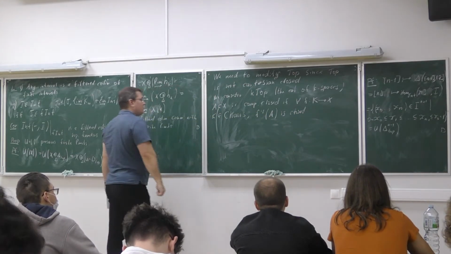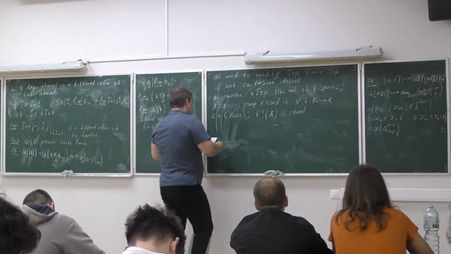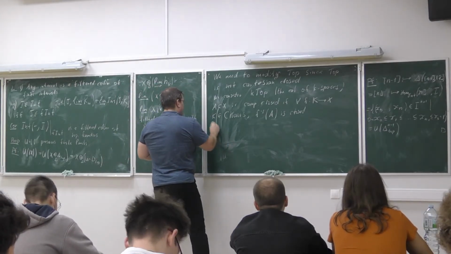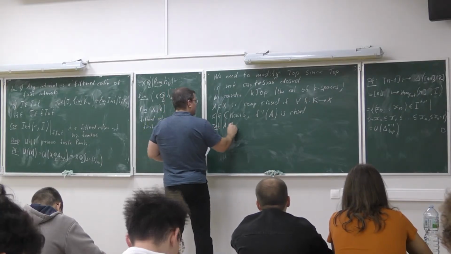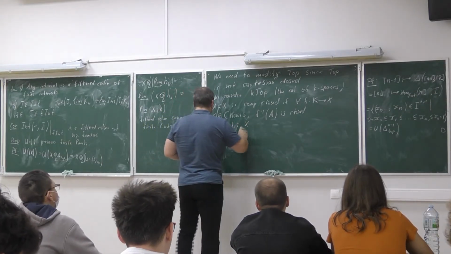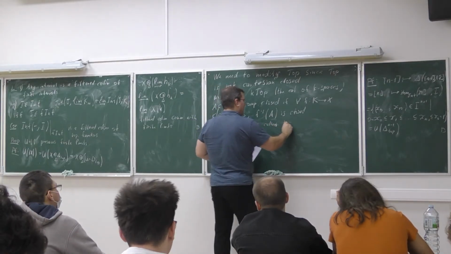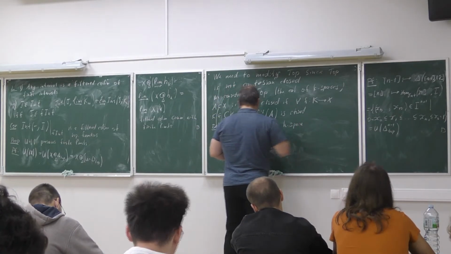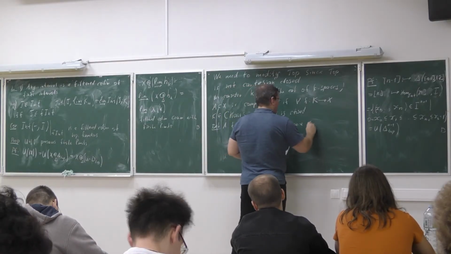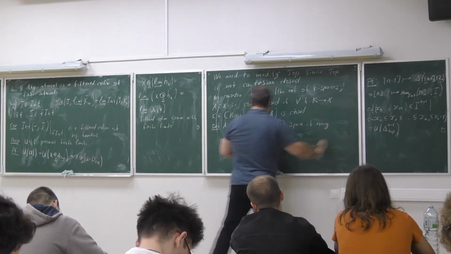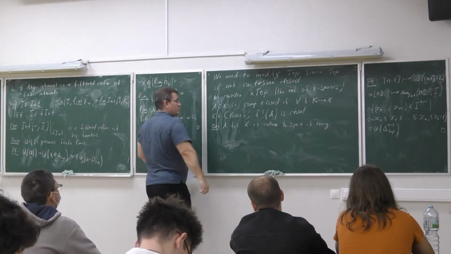So this is a compactly closed subset in X. So a definition: a topological space X is called a K-space if every compactly closed subset is closed.